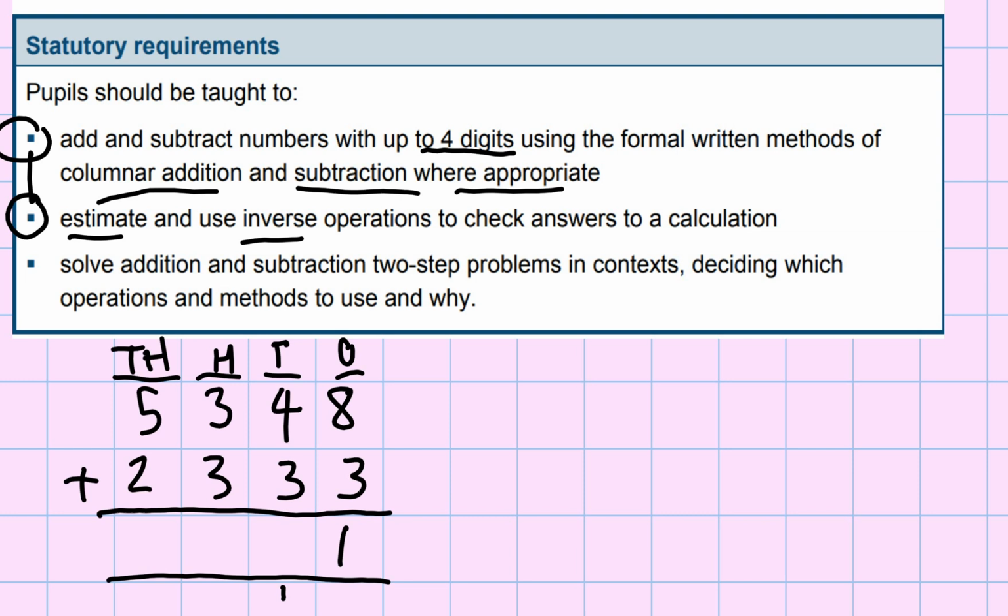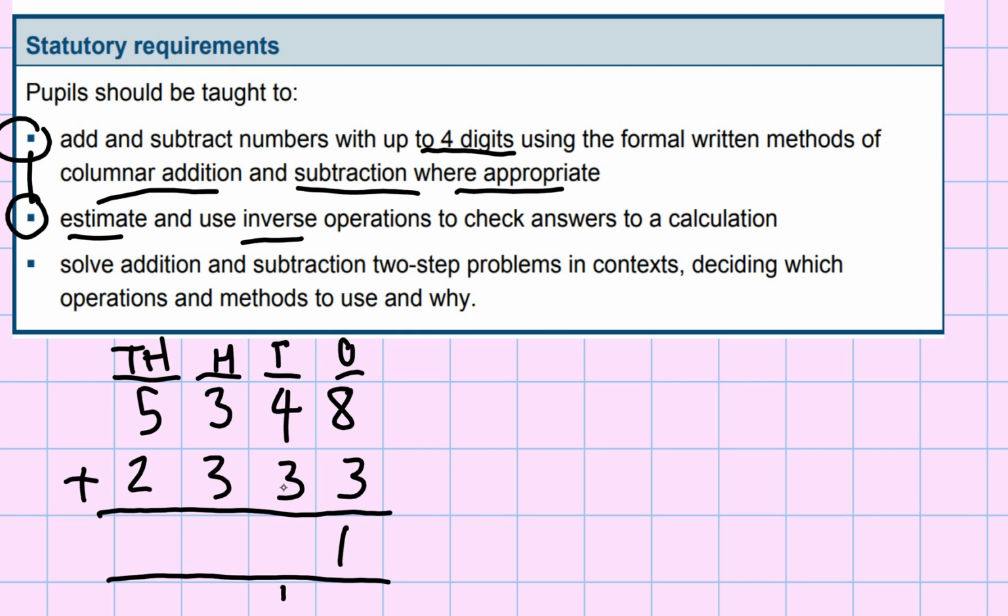4 add 3, remember, is the same as 40 add 30 because we're now looking at the value of the tens column. We just say 4 add 3 for shorthand, but it's important that children understand that this is really worth 4 tens and this is really worth 3 tens.